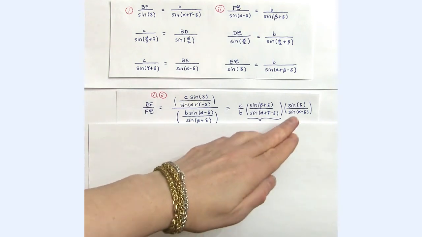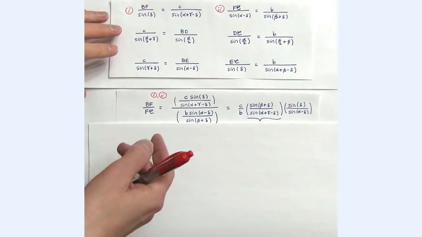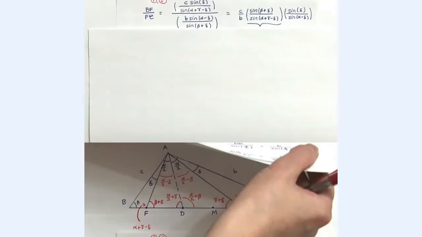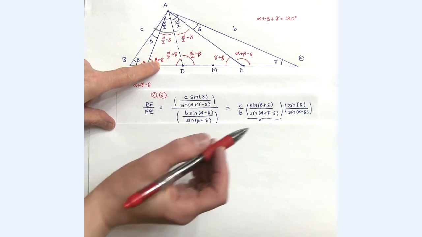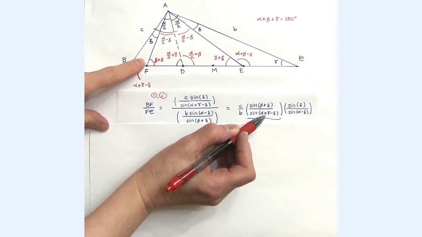Now this looks a little bit messy, but then I remember that the sines of supplementary angles are equal, and so there's going to be some simplifying here. If I go back to my triangle, I can see that looking at beta plus delta and alpha plus gamma minus delta, these are supplementary angles.